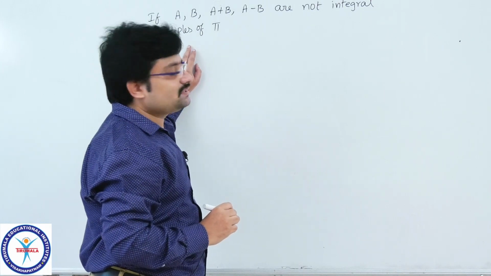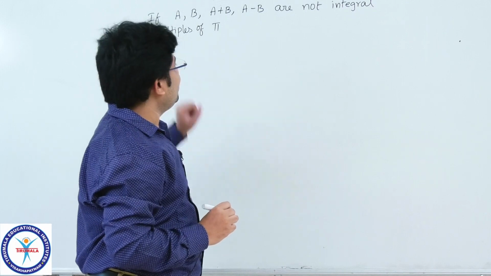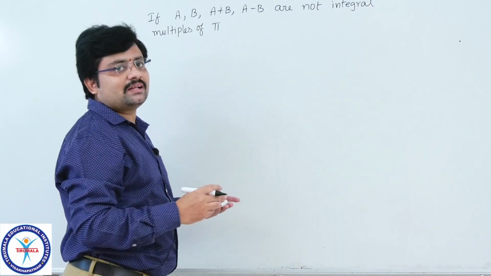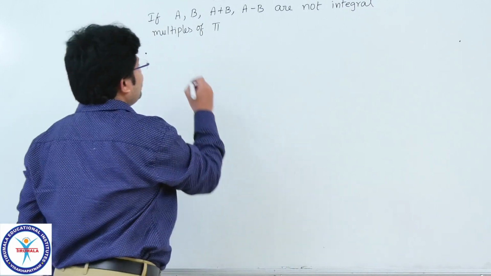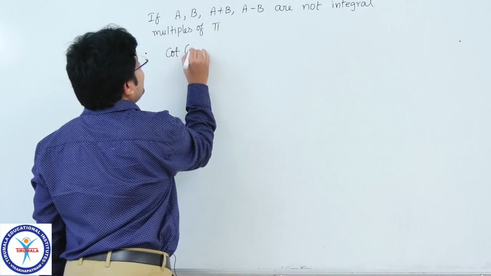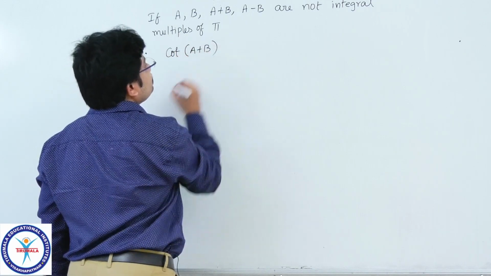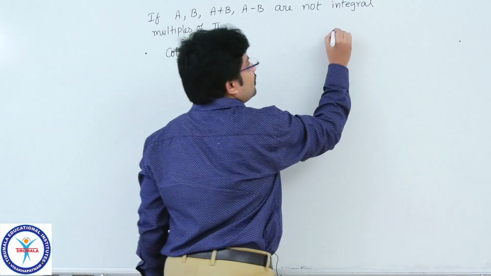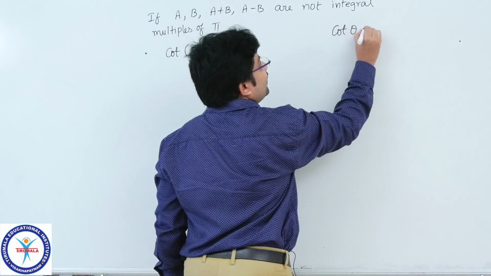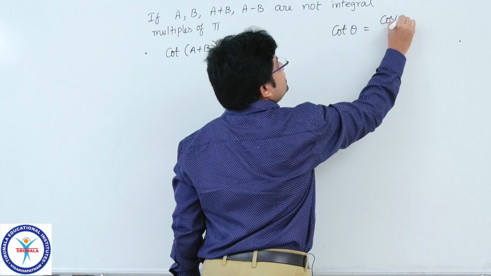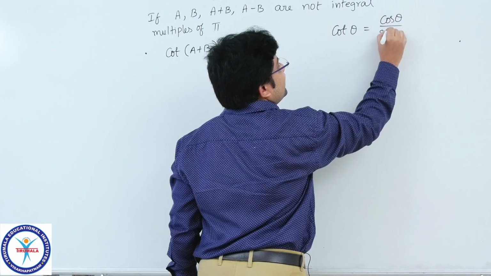Then how do we find the formula for cot(A+B)? We know that cot theta can be written as cos theta by sin theta.